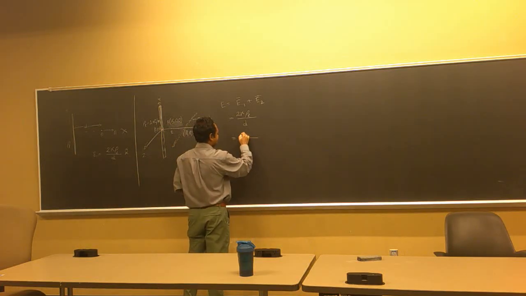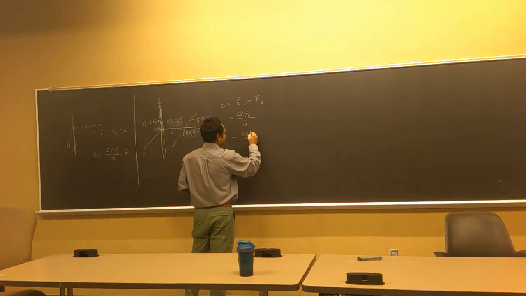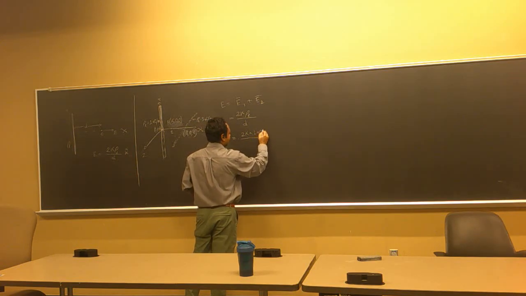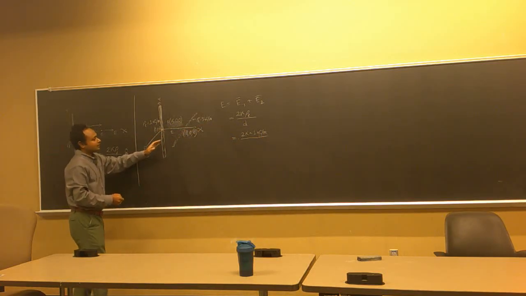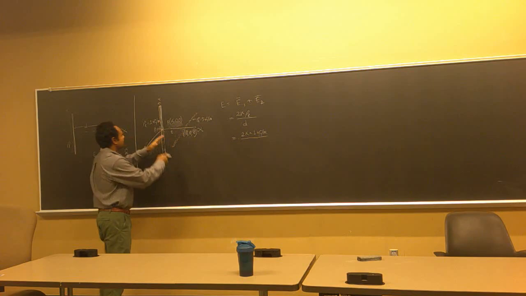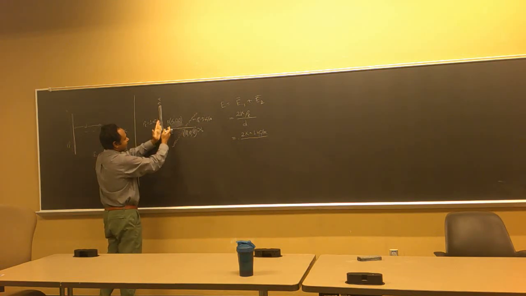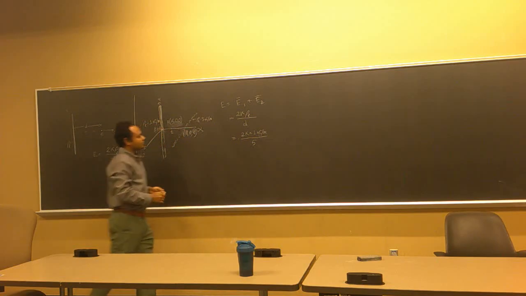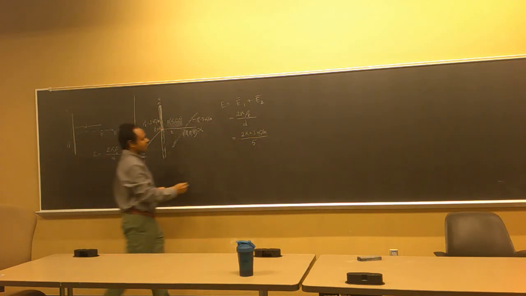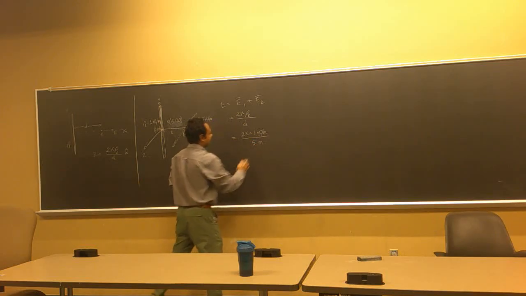So let us just put it like this. 1 nanocoulomb per meter. And the D would be the distance between the wire and the point of interest, which is 5. So let's say this is 5 meters. And I put the number 5 in the denominator.